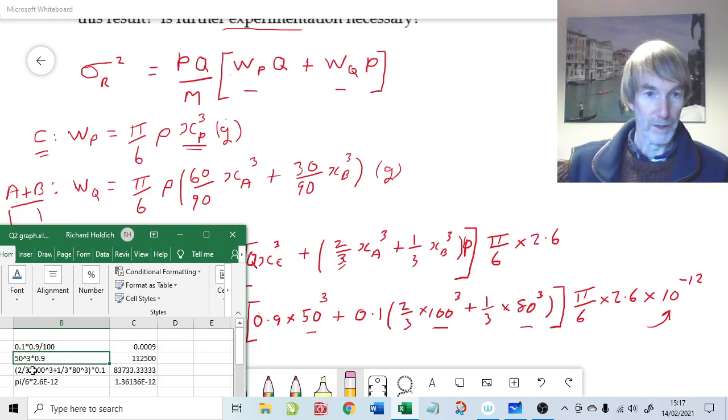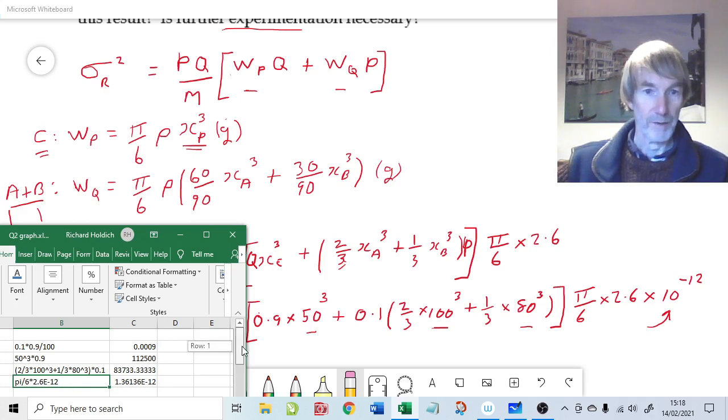Then I've got the average particle mass term for the other 2 components, the components A and B. They're weighted by 2/3 for the particle size A, 1/3 for the particle size B, and then don't forget to multiply by the big capital P value, 0.1, and then we've got the bit that's stuck on the end of the equation, the pi over 6 times 2.6, and the 10 to the minus 12.